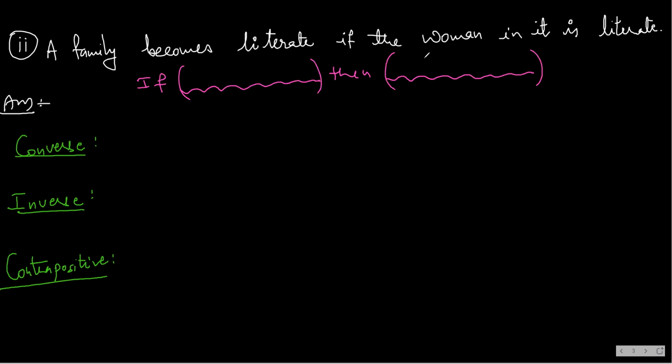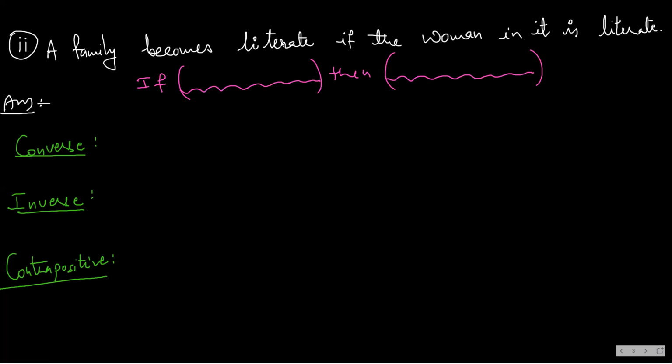So we don't have to worry. It needs to be treated as if it is given: if the woman in the family is literate, then a family becomes literate. So though it is not given the way we want it to be, we will make it the way we want it to be.